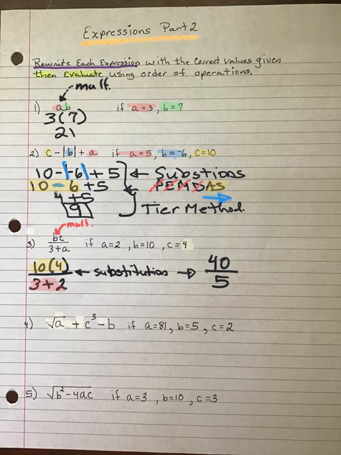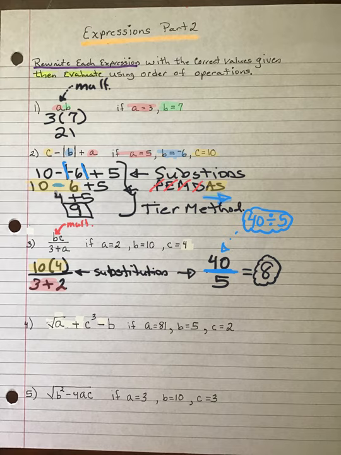Now remember, this fraction is also a division bar. So this also means 40 divided by 5. You should know your basic division facts. So you should know that 40 divided by 5 is 8. So your final answer is 8.